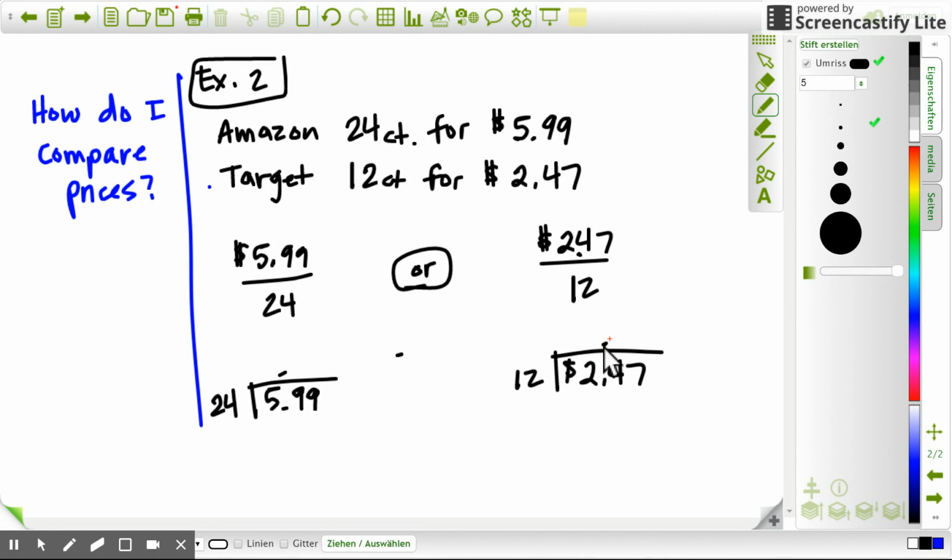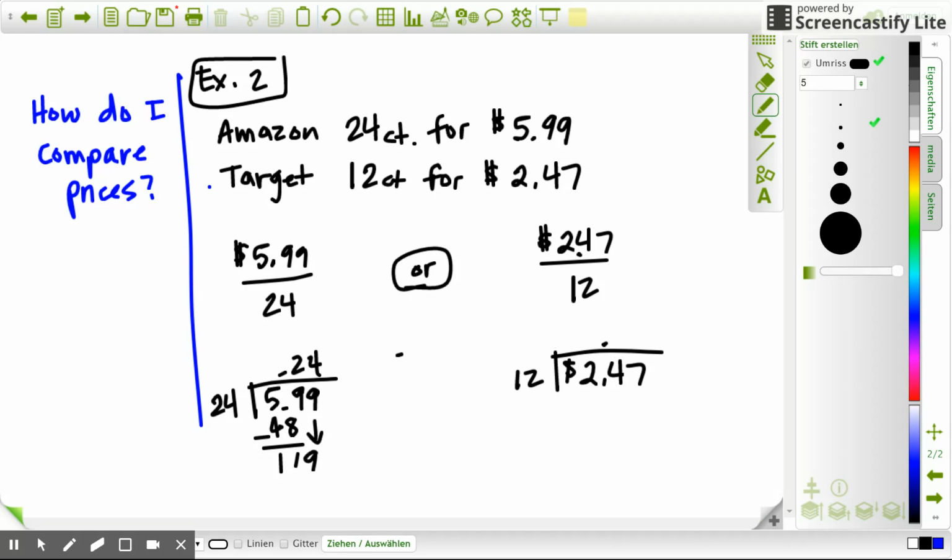Okay, and I'm going to move my decimal up, and then 24 goes into 59 twice, and 2 times 24 is 48. I get 11 left over, and bring down the 9, and 24 goes into 119 4 times, because I already did the math on that, so I could save some time.